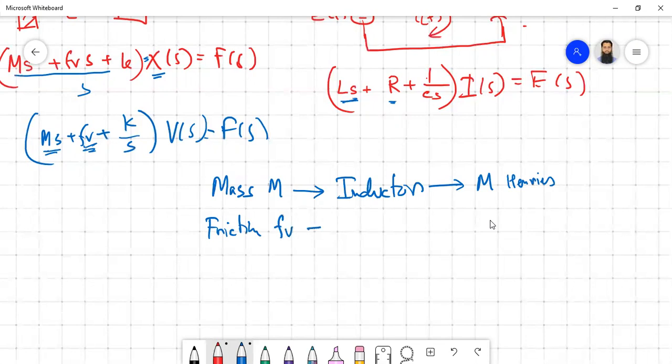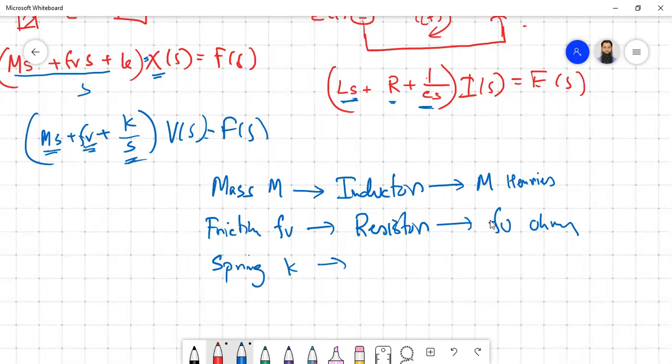That will be represented by a resistor, and they are also linear, fv ohms. Now finally we have K as well as C. They are inversely proportional. So K will be represented by a capacitor, and its magnitude will be 1 by K farads.